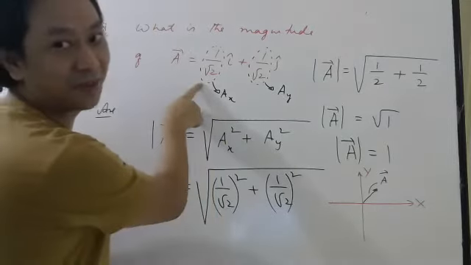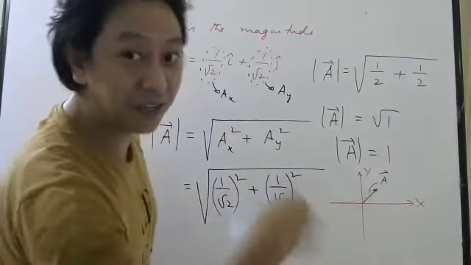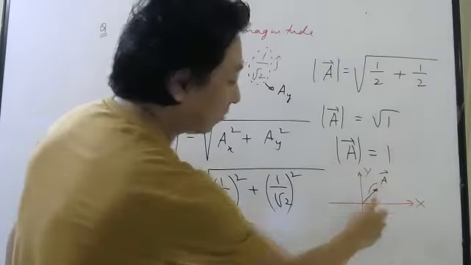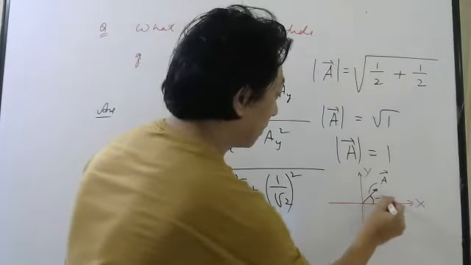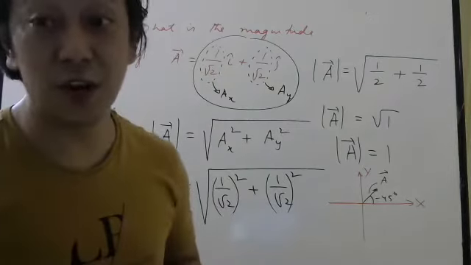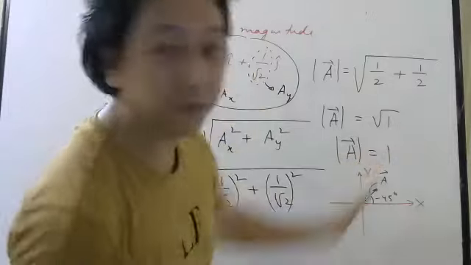Then if you take the y component, you will get 1 sin 45, 1 by root 2. Because the magnitude is 1, the angle is 45 degree. So this is also a unit vector. However, it is not very common for us because it is not along x-axis or y-axis. It is at some angle, 45 degree.